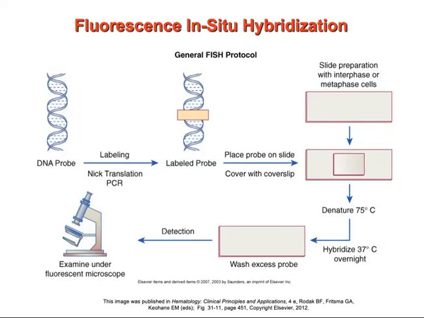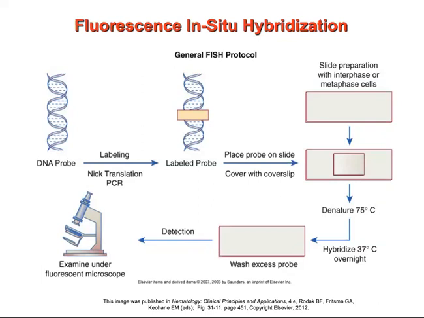So FISH consists of DNA probes labeled with fluorophores that are specific for areas that are known to be abnormal in this condition. So if we're talking about CLL, then we want to get those specific fluorophores for the specific DNA sequences. And so these DNA probes with fluorophores are hybridized directly to the interphase cells on a glass slide.